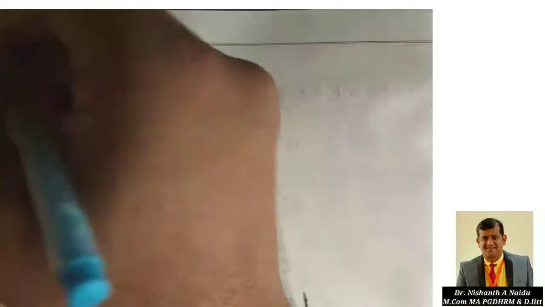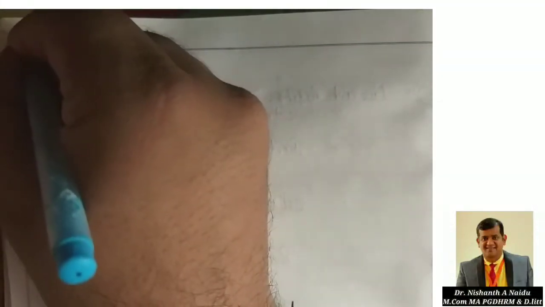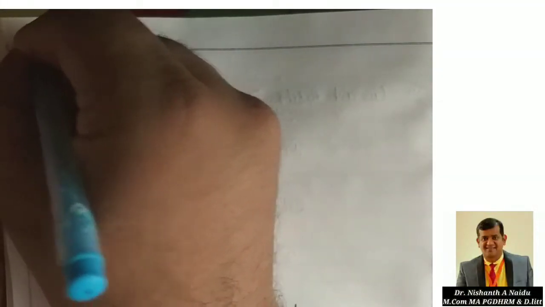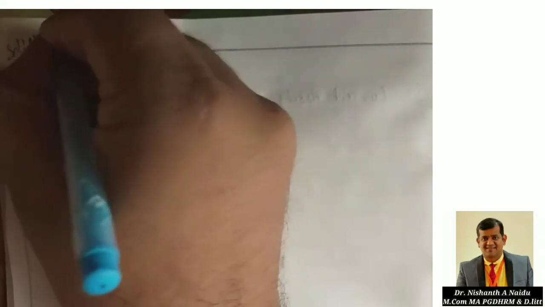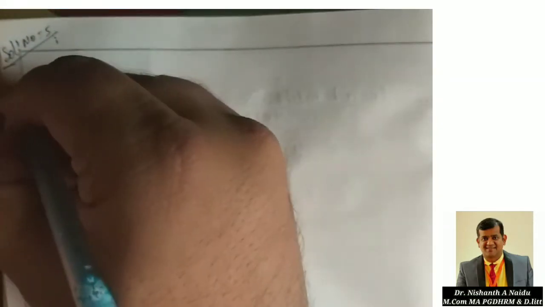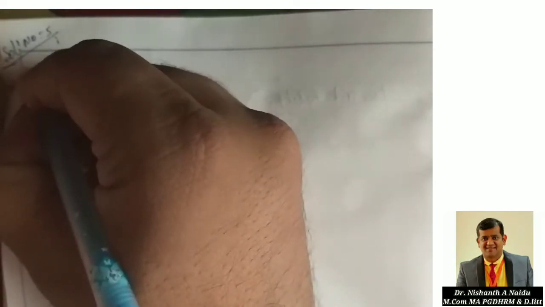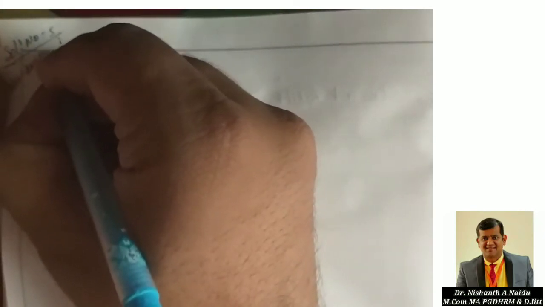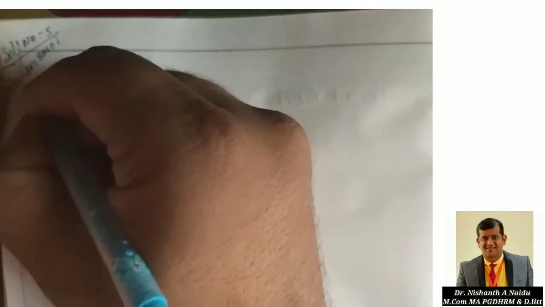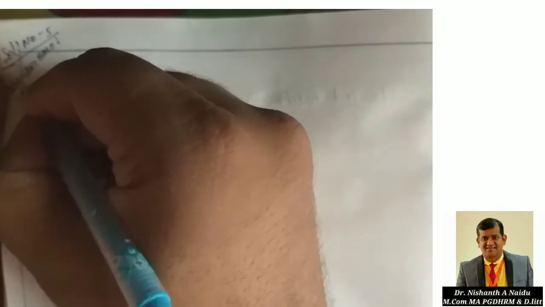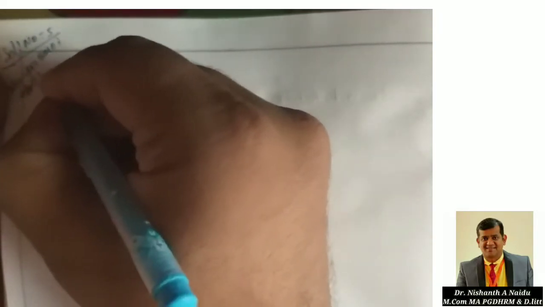So dear students, we are doing solution number 5. It has been asked twice: November December 2010 and April May 2011 question paper. So twice this question has been repeated.